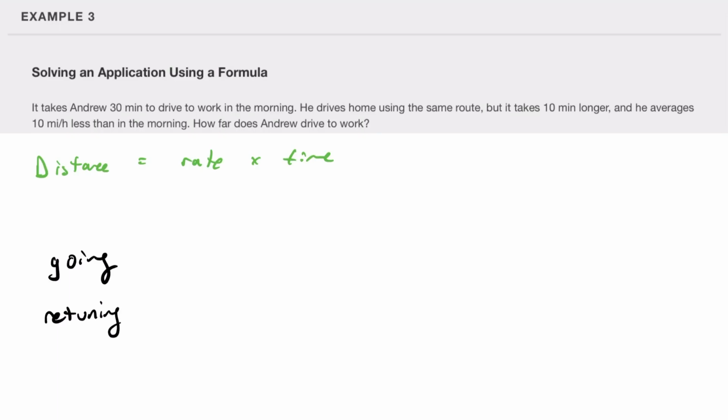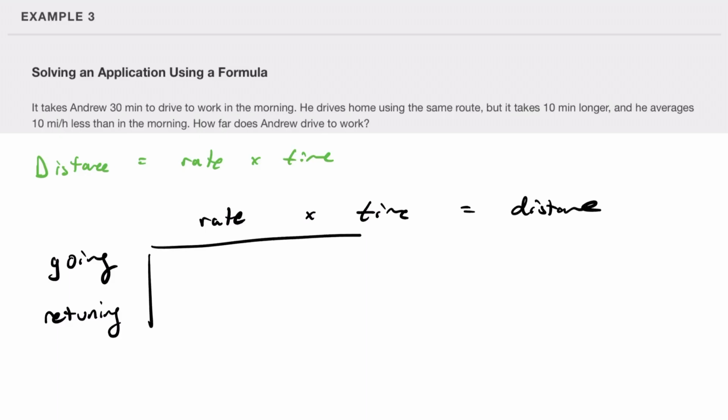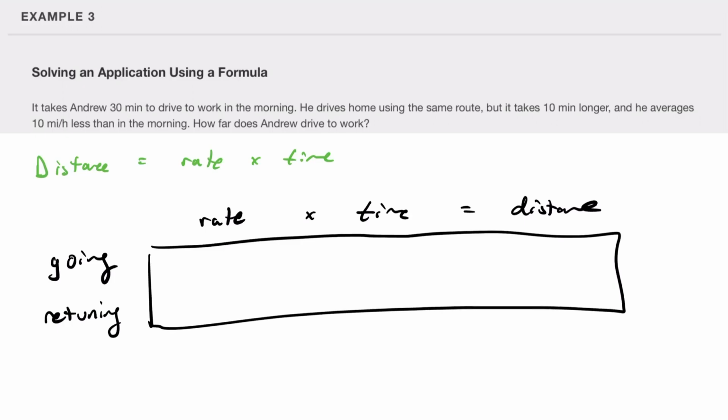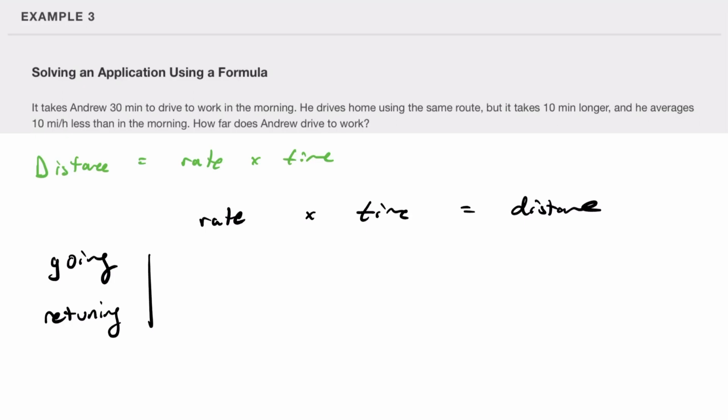All right, and across the top, we're going to have the rate times the time equals the distance. Okay, and so what? Can I do this? Probably not. I didn't do it right.